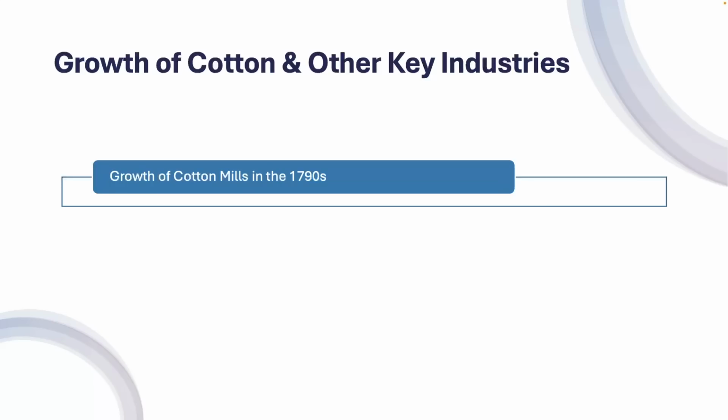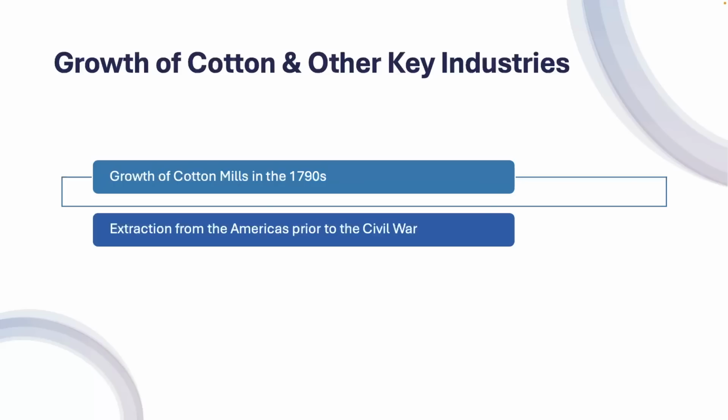So, for example, by the 1790s, we see things like cotton mills opening in Lancashire, like I mentioned in the previous slide. And because of this, cotton becomes one of, if not the most important import and export that Britain can operate with. The establishment of large factories that were powered by steam engines allowed the industry to expand rapidly.